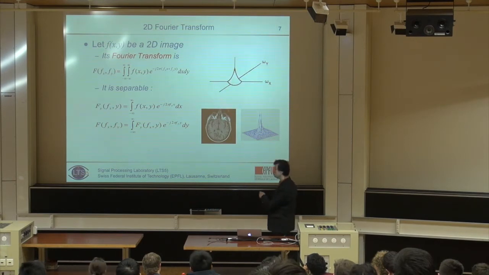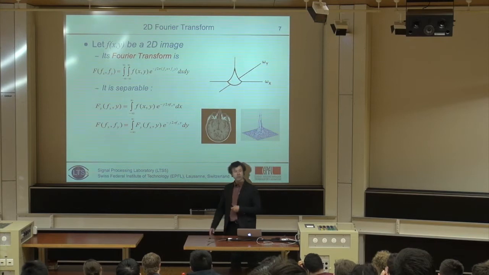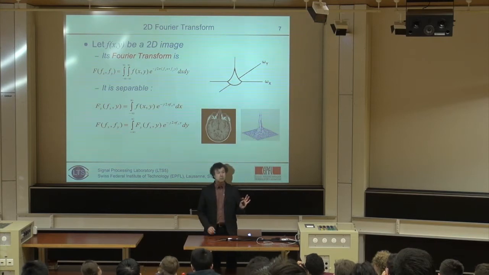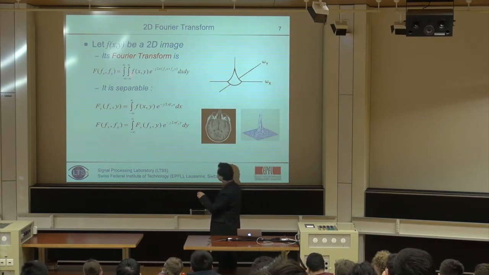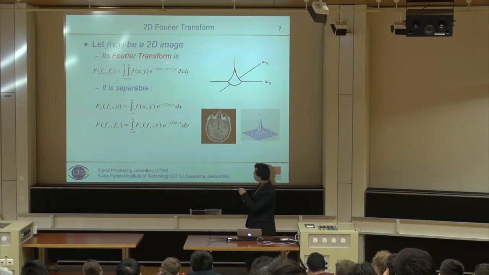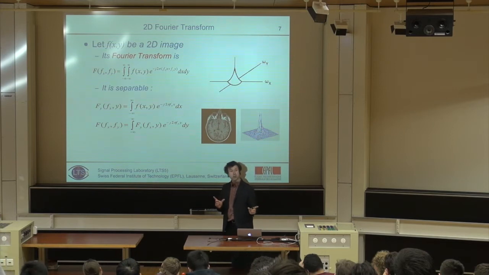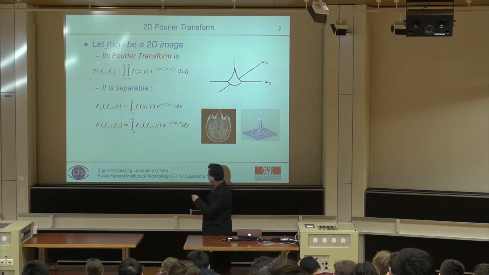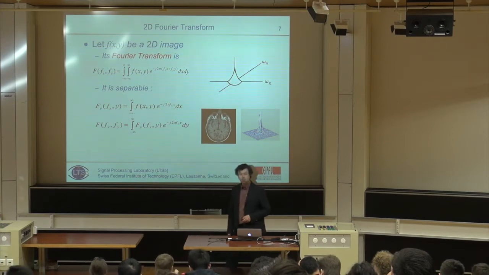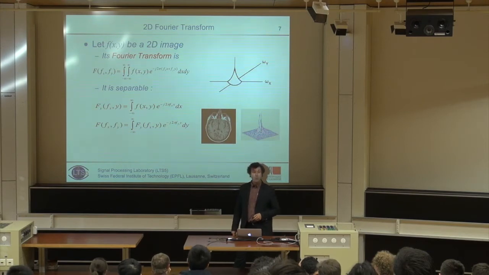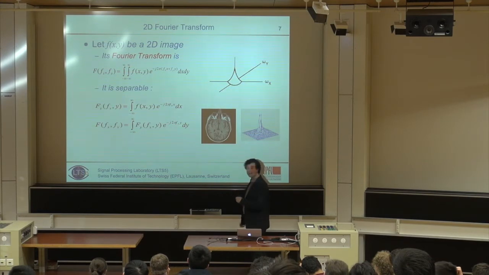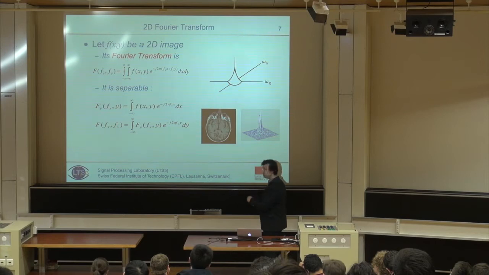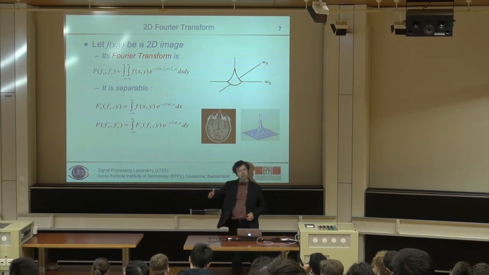If I take an image, I can do a 2D Fourier transform. Mathematically, it's simple. I have my image, and I do the decomposition in a Fourier basis, but it is a 2D Fourier basis. There are 2 axes and not 1. So you have basically horizontal and vertical frequencies. What does it mean? Well, if I look at my image horizontally or vertically, what is the frequency pattern that I see?